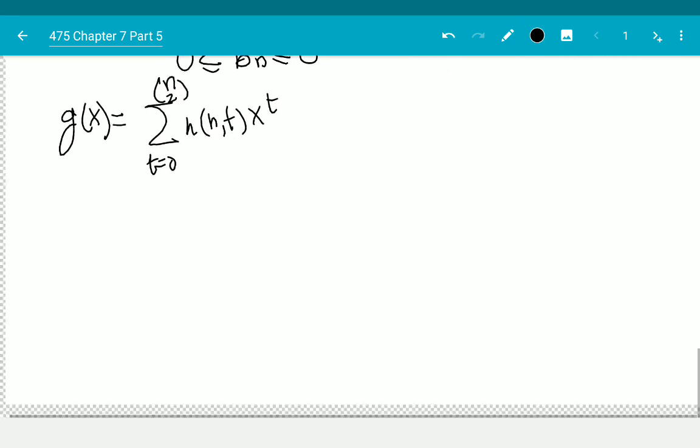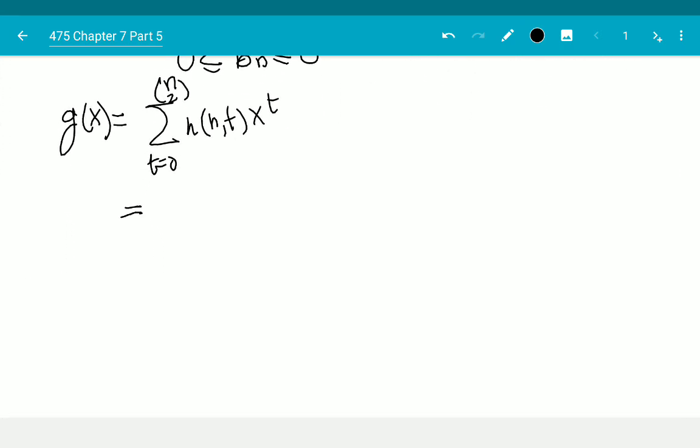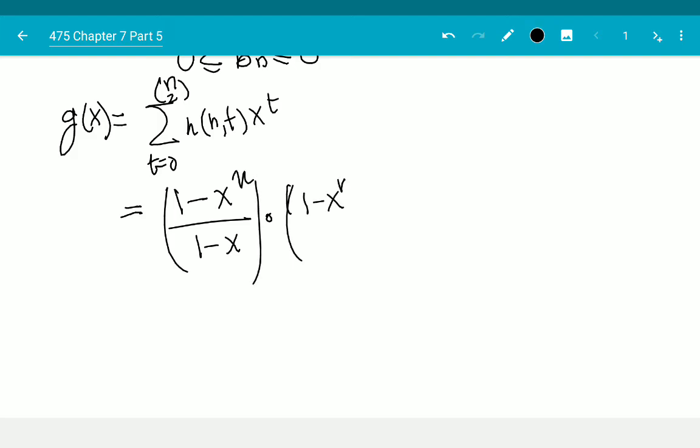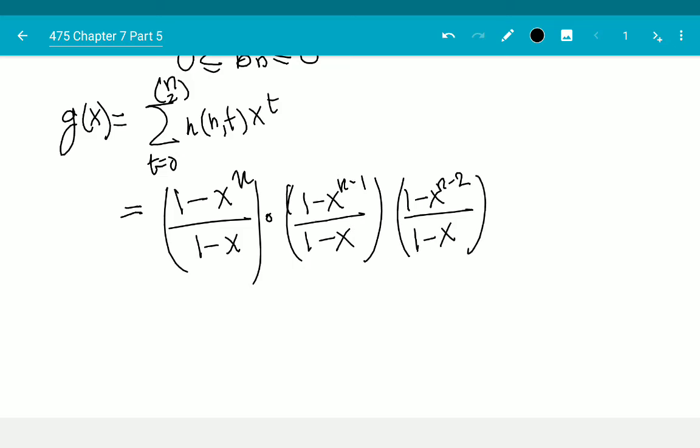And from what we have done before multiple times so far, this is equal to 1 minus x to the n over 1 minus x, multiplied by 1 minus x to the n minus 1 over 1 minus x, times 1 minus x to the n minus 2 over 1 minus x, and so on, times 1 minus x to the 1 over 1 minus x.